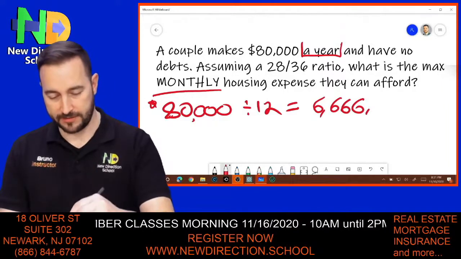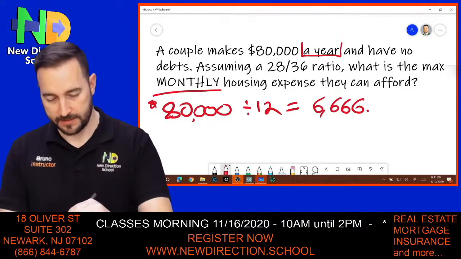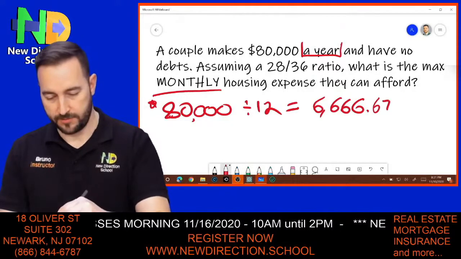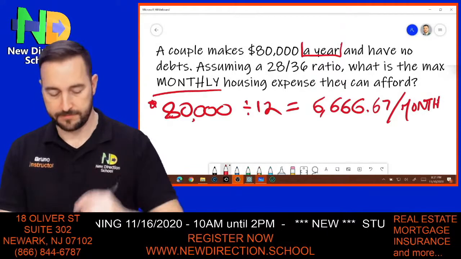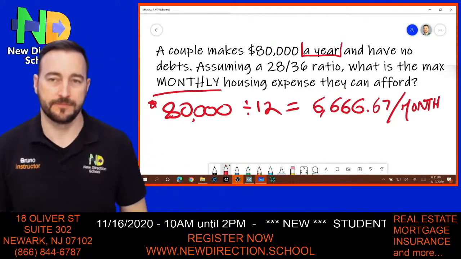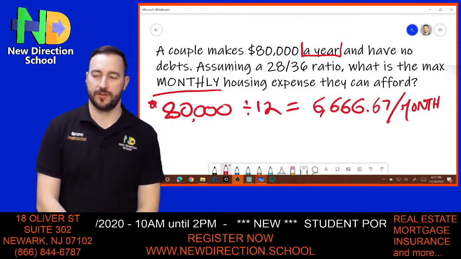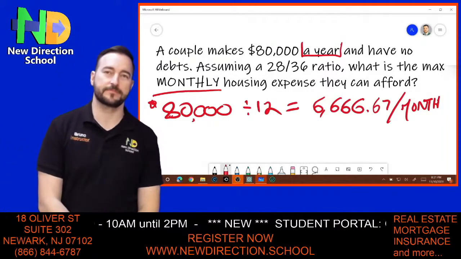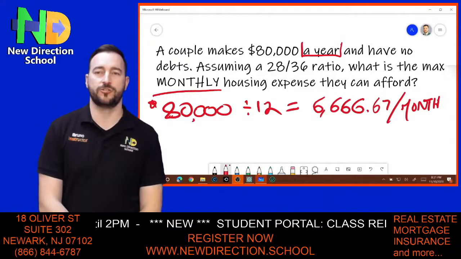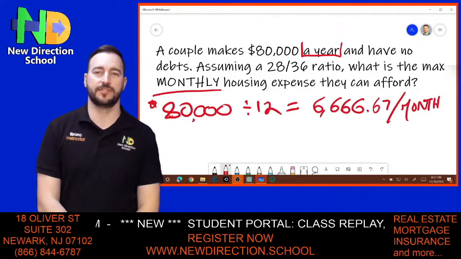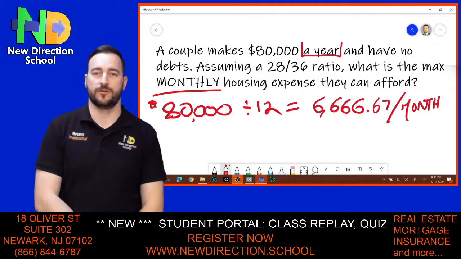Don't ask me how I got to this, right? Okay, that's how much they make a month. I'll let you figure out the rest. Assuming a 28-36 ratio, what is the max monthly housing expense they can afford?